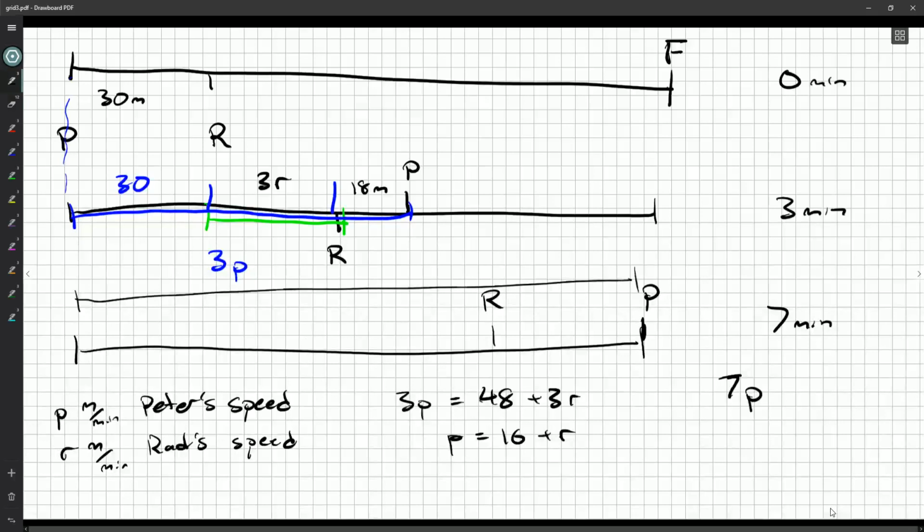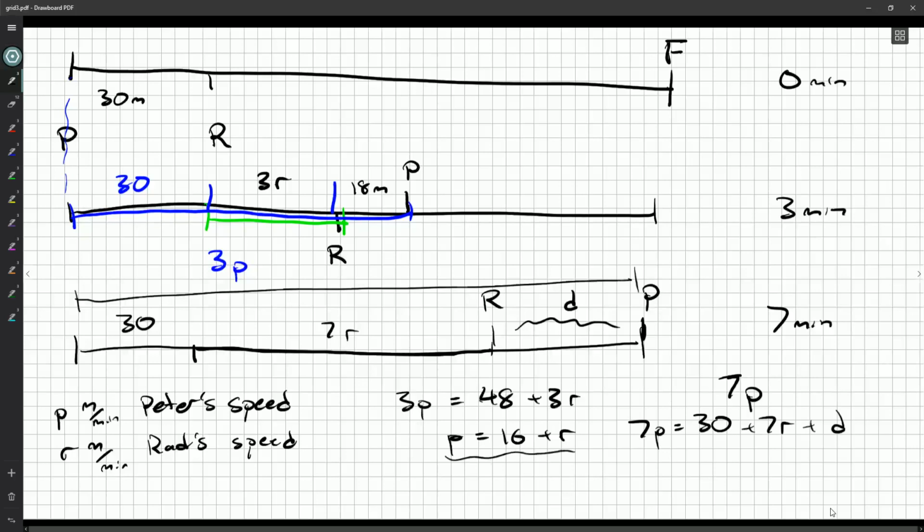Rad will have gone 7r. Now the distance that we're interested in, this distance d, the answer that we want: d plus 7r plus the 30 lead that Peter gave Rad is equal to 7p. So 7p is 30 plus 7r plus d.